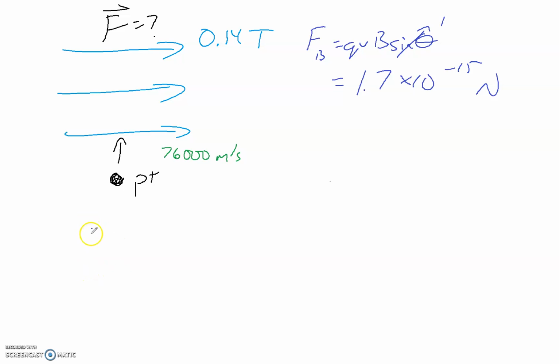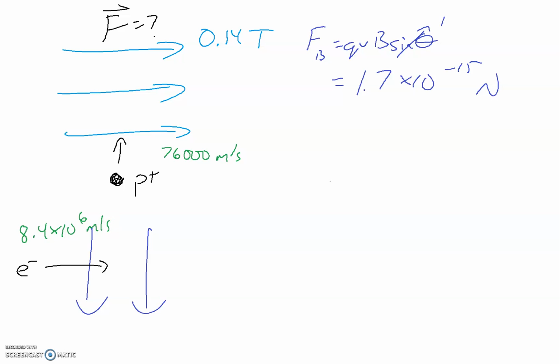Let's draw a magnetic field like this. All right, let's use an electron. So here comes the electron, and let's say the electron's coming in at 8.4 times 10 to the 6 meters per second.